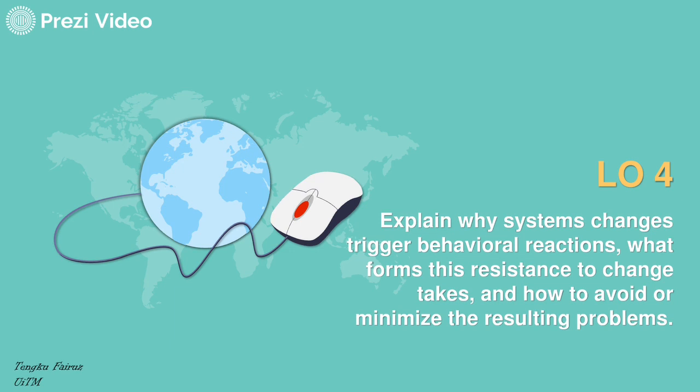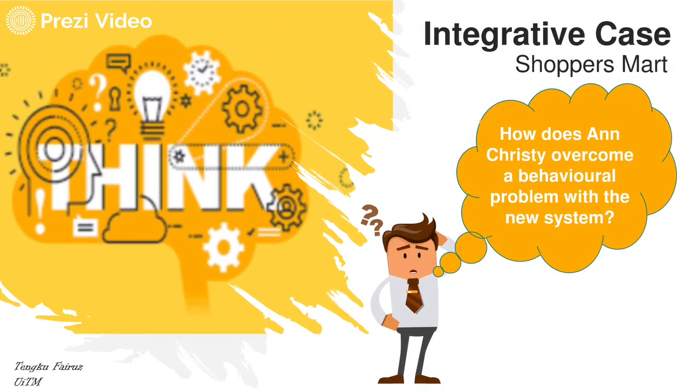If you refer to the case Shopper Smart, you can take a look at the last paragraph, whereby you can see how Anne overcame the behavioral problem with the new system.